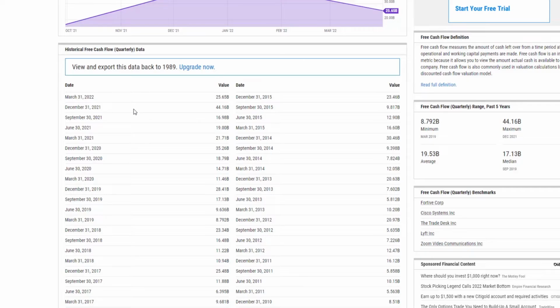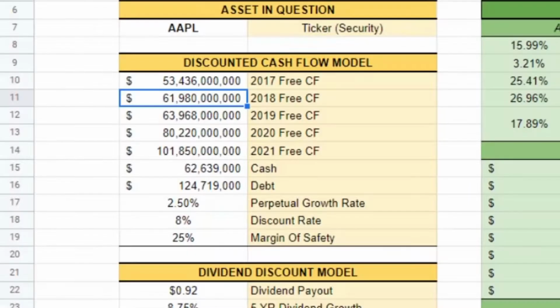So what I did was add up each of the quarterly cash flow values for 2021, 2020, 2019, 18, and 17, and I came to these figures here. For 2021, 101 billion, 2020, 80 billion, 2019, 63 billion, 2018, 61 billion, and 2017, 53 billion.